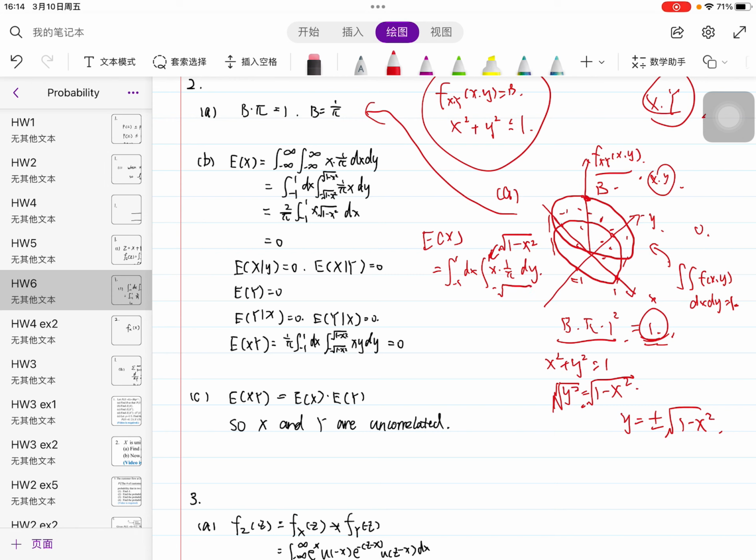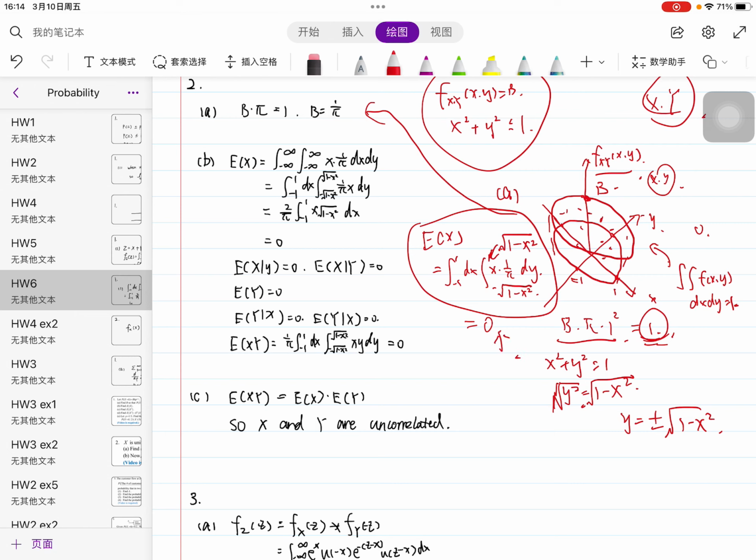For the lower limit, we take the negative value of that, right? So this is the formula of this question, and solving this, the expected value of x is equal to 0.